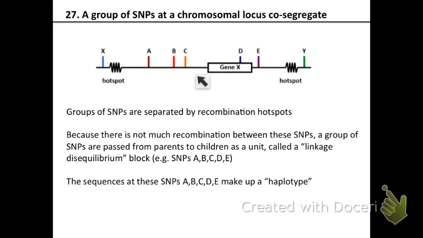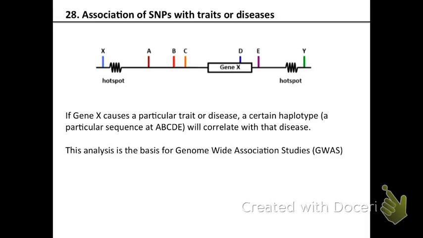These groups of SNPs are going to be segregating in the population together. If there was crossover equally across every site in the genome, then these SNPs wouldn't have segregated together. So a haplotype is basically the sequence at these SNPs, A, B, C, D, and E. All right.